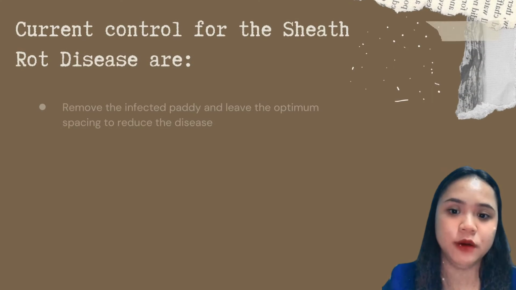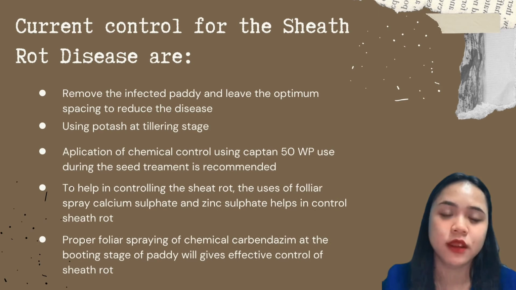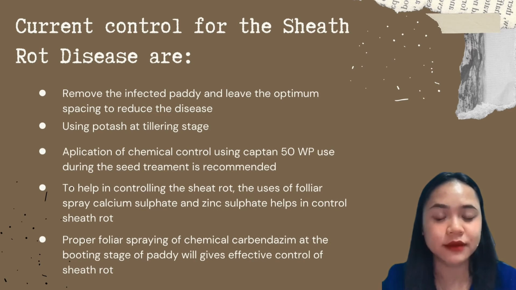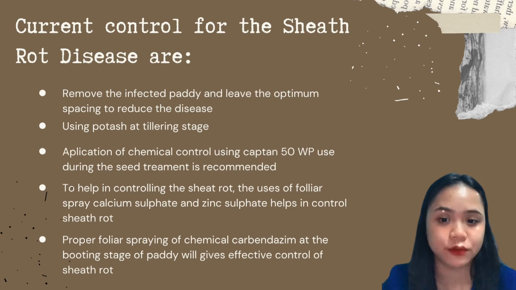However, every problem always comes with a solution, and there are several methods that can be used to control Sheath Rot Disease, which are, first and foremost, remove the infected paddy and leave optimum spacing to reduce the disease infestation. Then, use potash at the tillering stage.